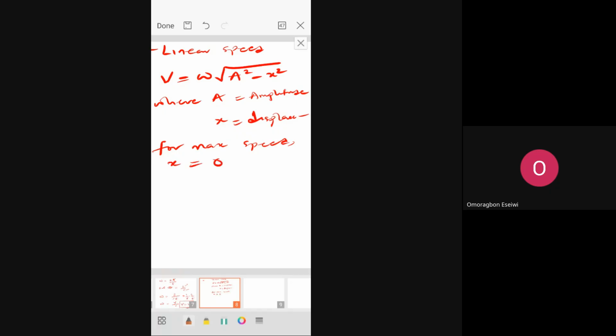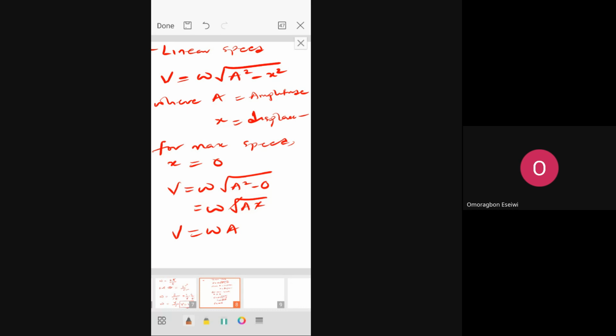If I put that back in this formula, v equals omega square root of a squared minus 0 squared. 0 squared is 0, and a squared minus 0 is a squared. So I can write this as omega root a squared, and the square cancels the square root. Then v is equal to omega a.